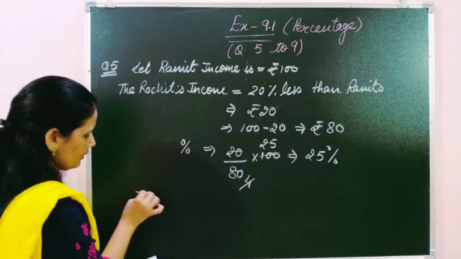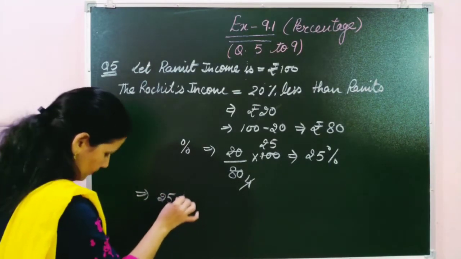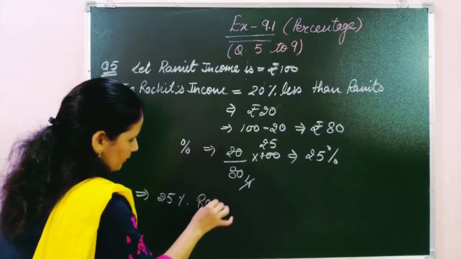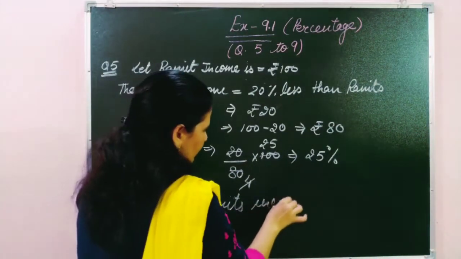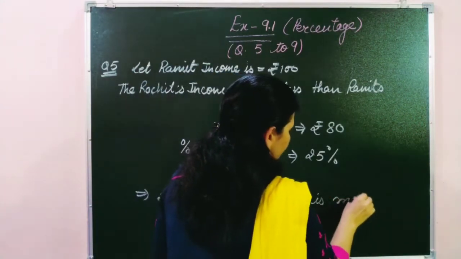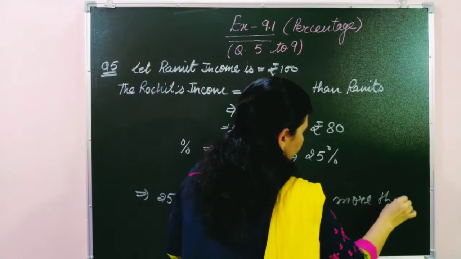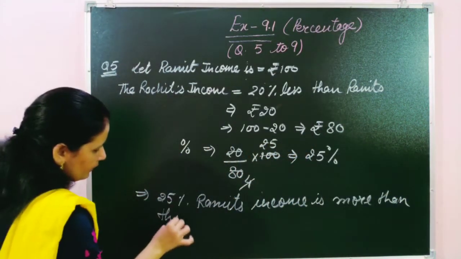So in conclusion we write: 25% Ramit's income is more than Rachit's income.